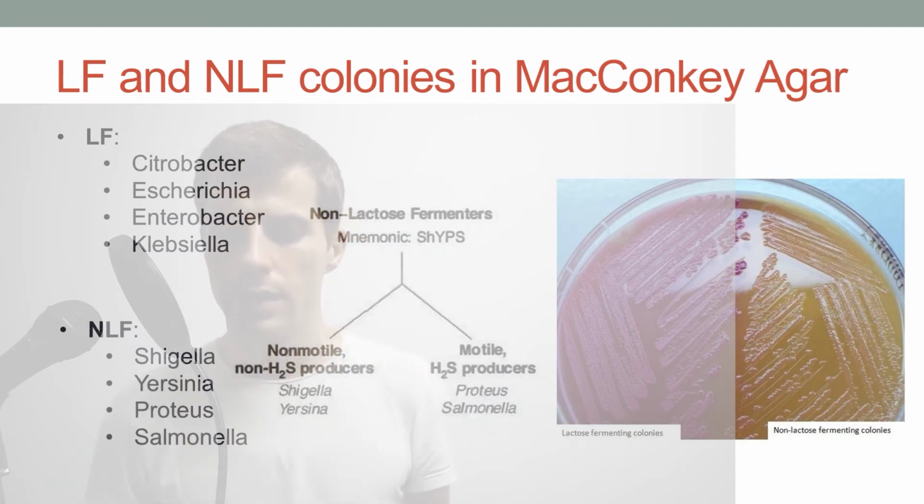And here you can see different genuses of lactose fermenters and non-lactose fermenters. Talking about lactose fermenters, it's Citrobacter, Escherichia, Enterobacter, and Klebsiella. Whenever we are talking about non-lactose fermenters, it is about Shigella, Yersinia, Proteus, and Salmonella. And here also you can see lactose fermenters and non-lactose fermenters.